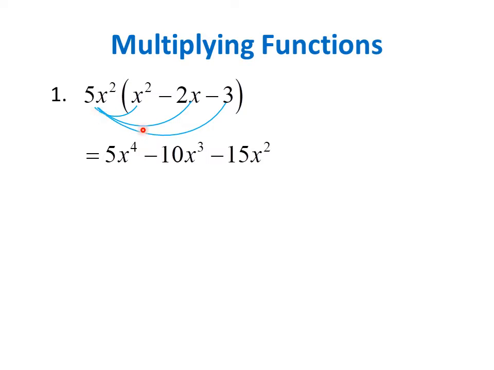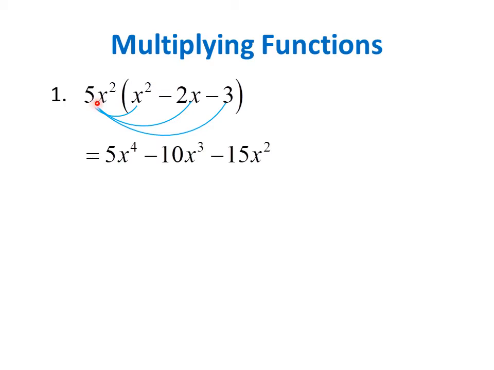Next, 5x squared times negative 2x. First, positive times negative, that is negative. Multiply the numbers, 5 times 2, that's 10. Then, multiply the variables, x squared times x. Copy x and add the exponents. We have 2 plus 1, so we have the exponent 3.